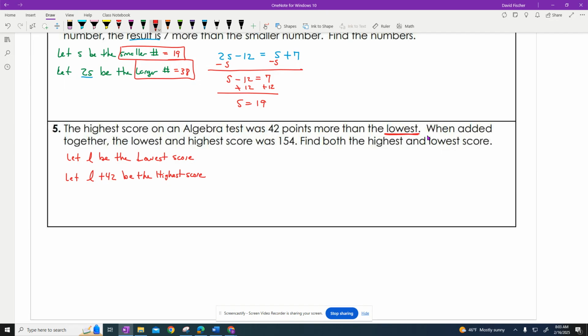So both of these guys put together had to equal 154. So I want to start to write my equation over here. The lowest score plus the highest score, which was an L plus 42, equaled 154 points.